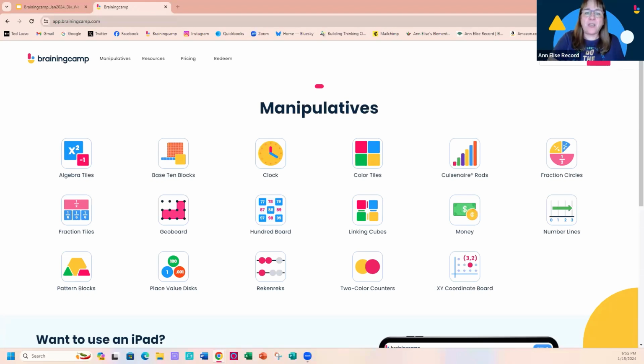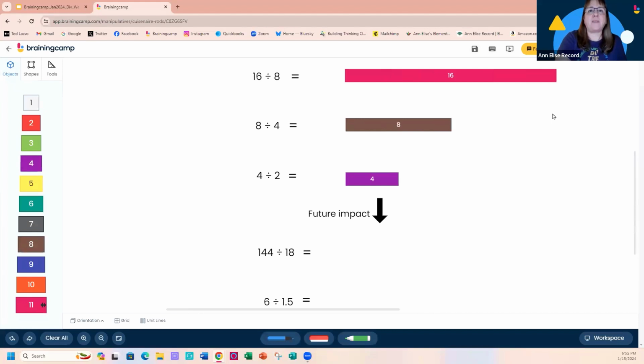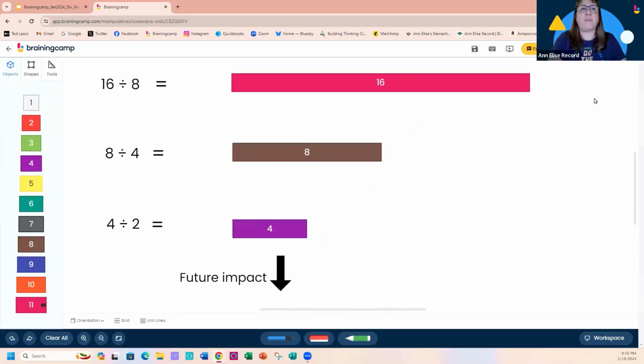And then I also want to share a couple more things. This is an example here that I want us to touch base on. I mentioned earlier that our goal is not to get every single kid to the algorithm, and that is the end all and be all, so that they will do the algorithm whenever they see division, right?